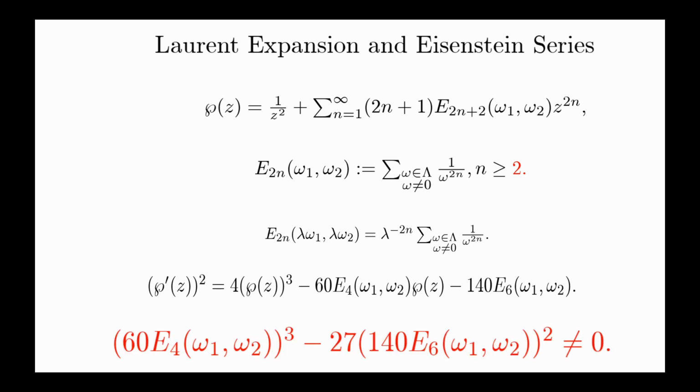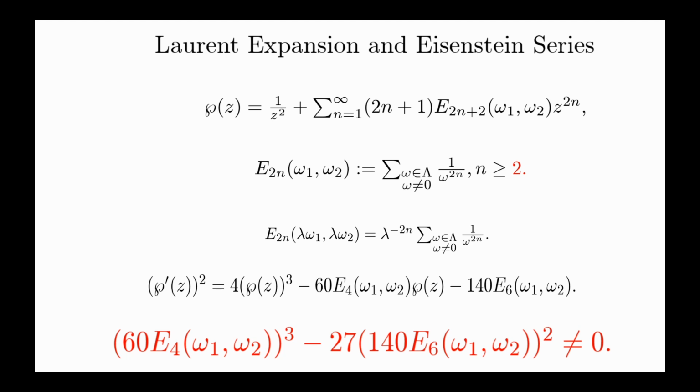One thing which is extremely important is that, as we have noted before, the derivative of P has three simple zeros, and this makes the cubic on the right have a non-zero discriminant.